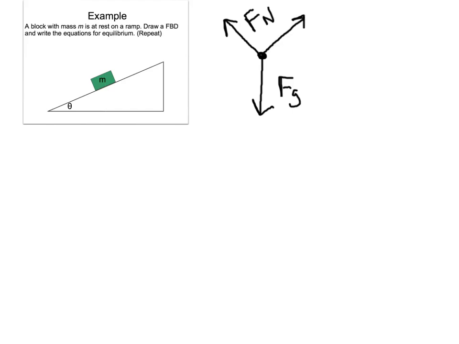Anytime you have an object sitting on an incline and it's not falling down the incline, there is a force of static friction. So now that you've calculated those, shouldn't be too hard. Box on an incline, it's not falling down, therefore there must be a force of static friction keeping it from falling down that ramp. So there's my free body diagram.